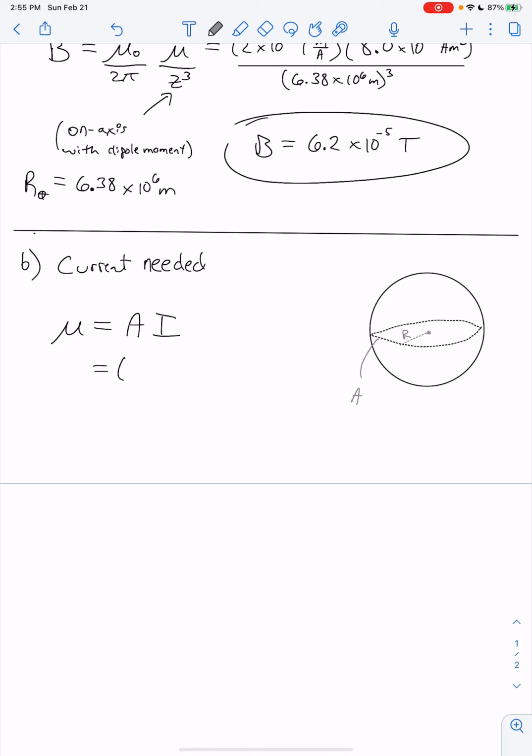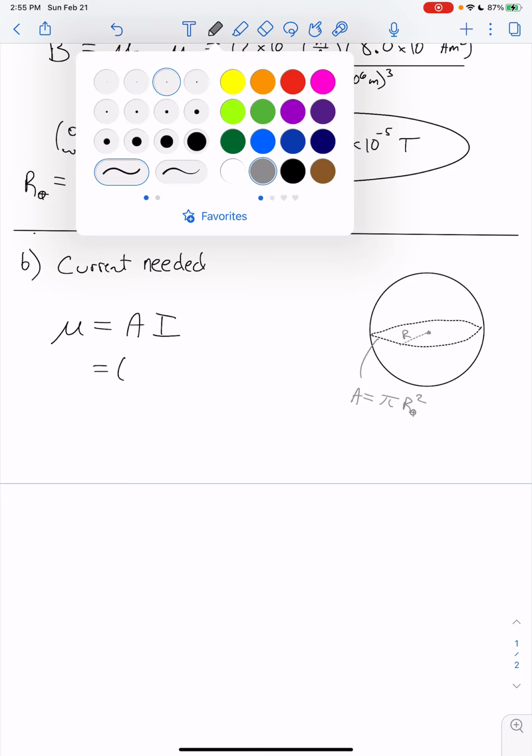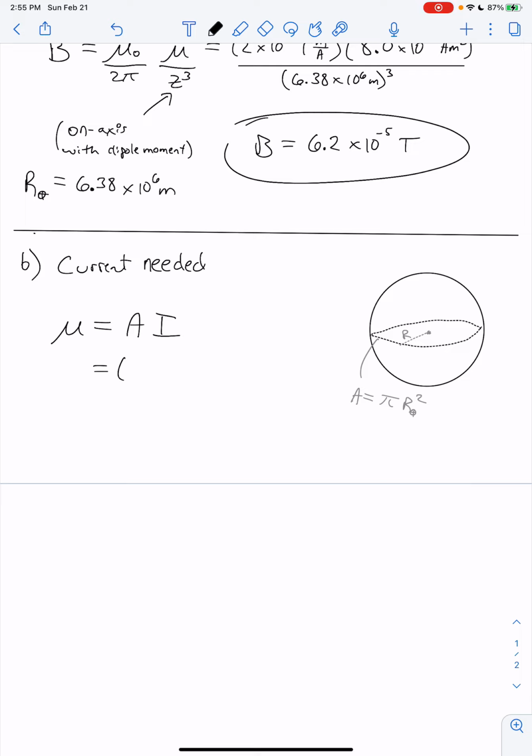So our area here is going to be pi r of the planet squared. Okay, so we've got pi r of the planet squared times our current. But really, we want this in terms of the current. So why don't we bring that area term down? And we know, in fact, what the mu value is, because we want that to be equal to Earth's value. So I'm just going to move this to the side. So we're going to isolate I.